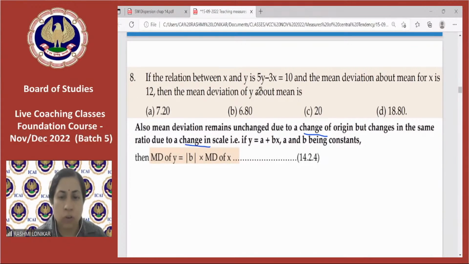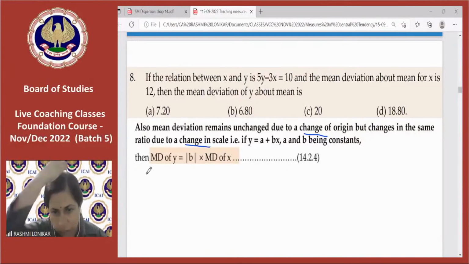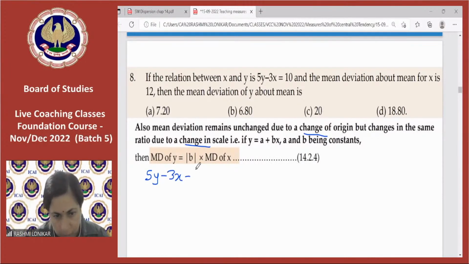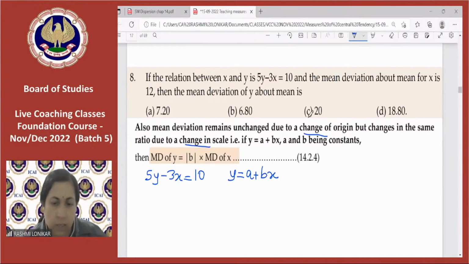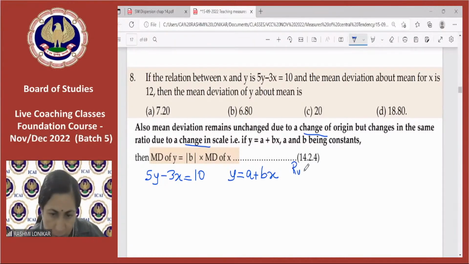Okay. So here, as we did for range, the first step is to rearrange the equation in the form y is equal to a plus bx. What is the equation? We have got 5y minus 3x is equal to 10. How should the equation look? It should look like y is equal to a plus bx. Then Ry will be equal to mod of b into Rx.